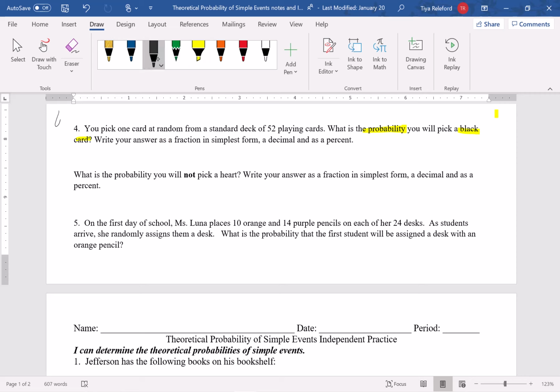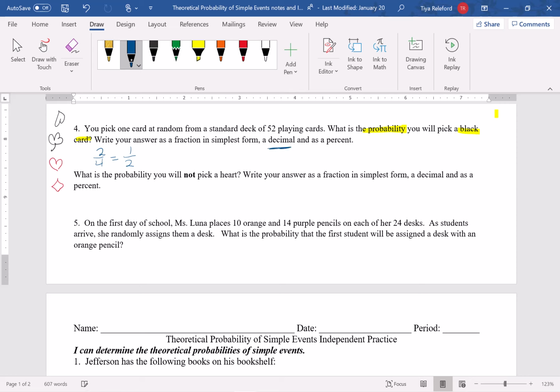You have spades and clubs. Those are your black cards. You have hearts and diamonds. Those are your red cards. So out of these, how many are black? 2 out of 4, which you can simplify to 1/2.